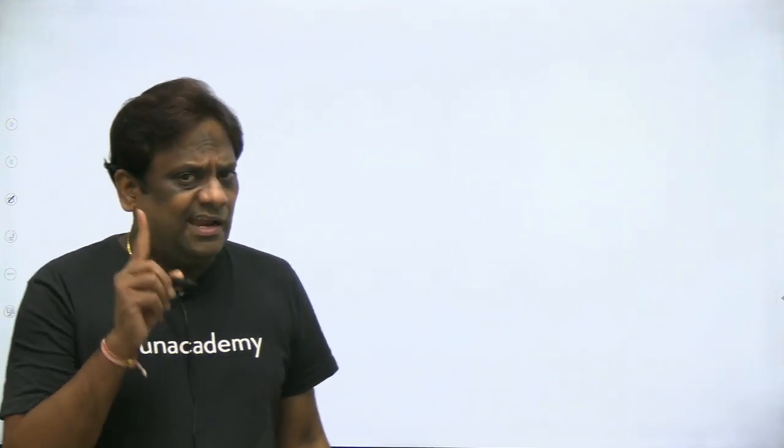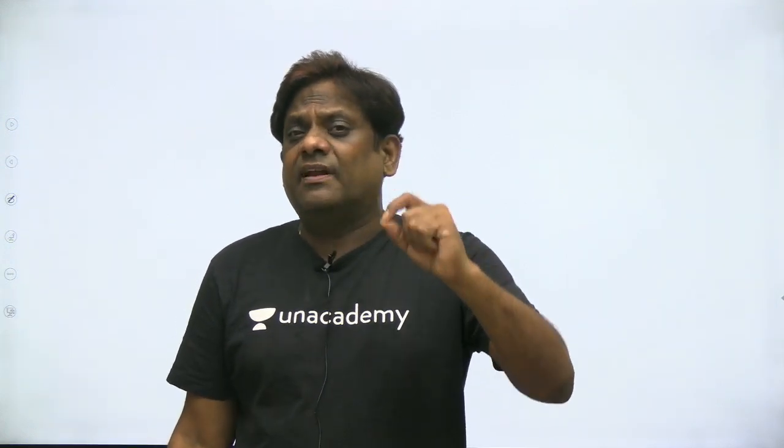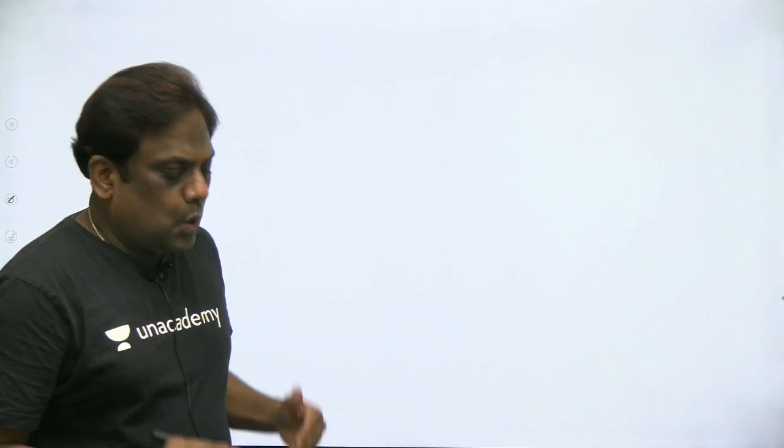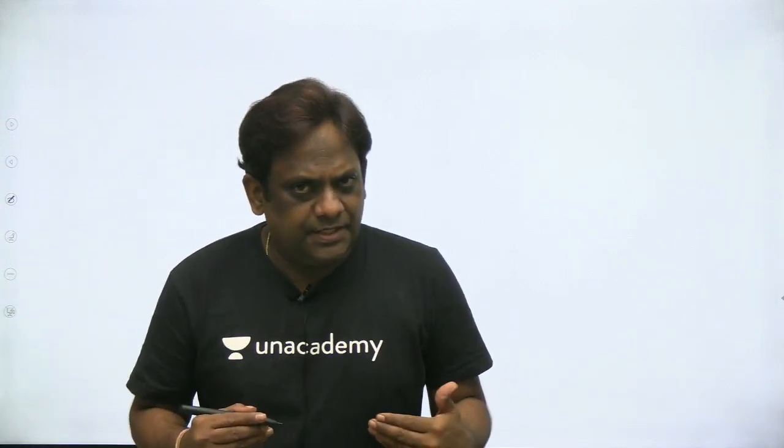Before we start the analysis of rolling, assumptions are very, very important. What I'm trying to do is find out what force is required and what the torque is, and for all those you have to make some assumptions.